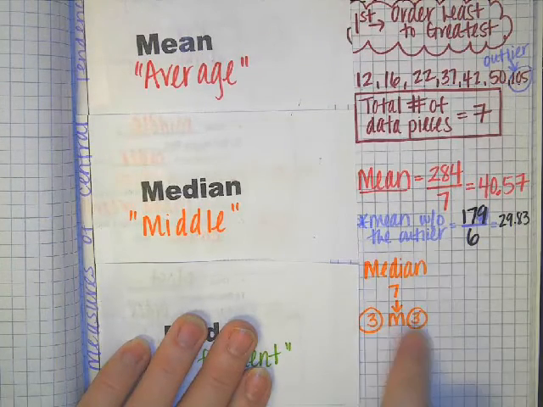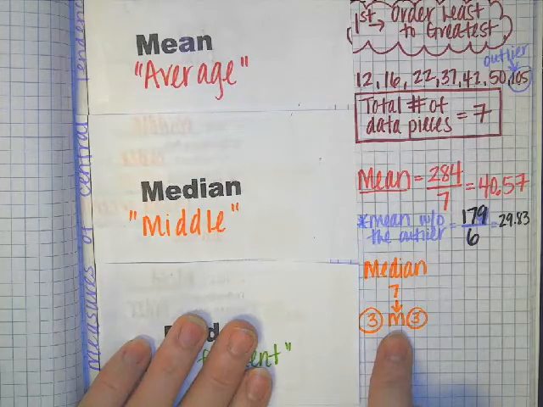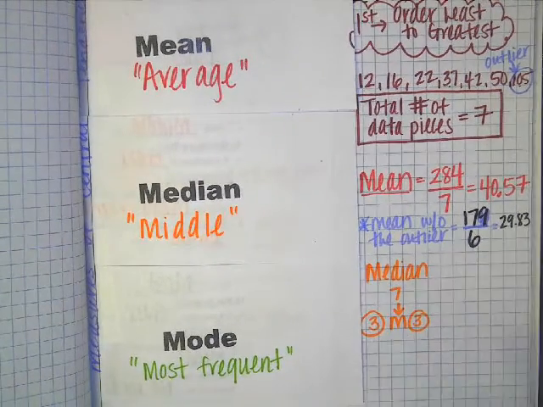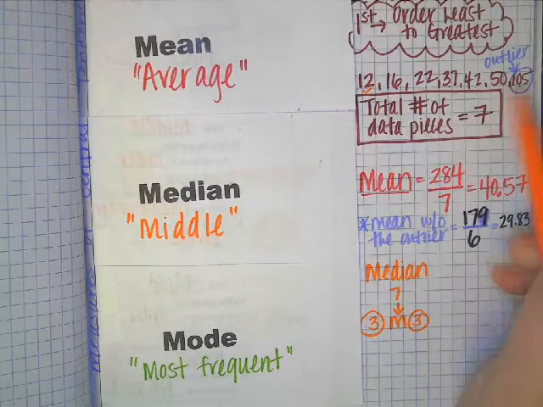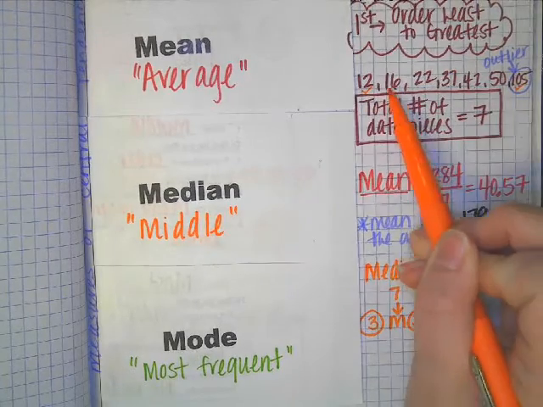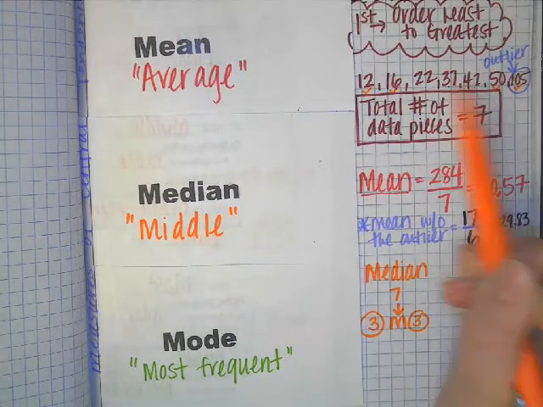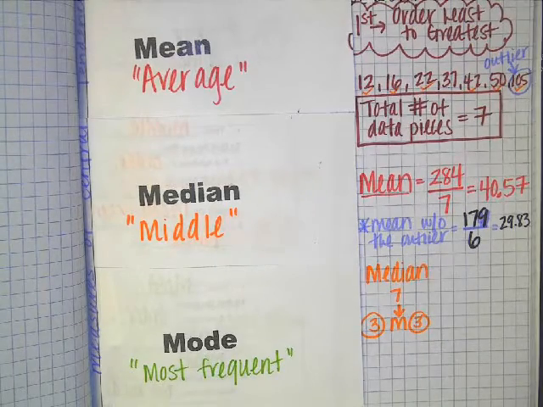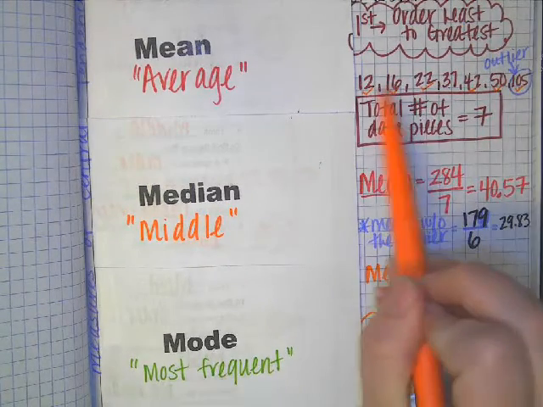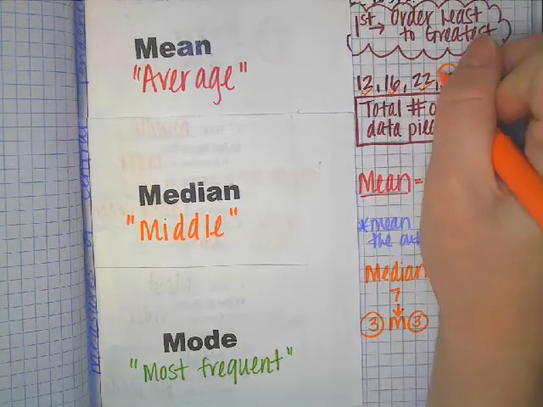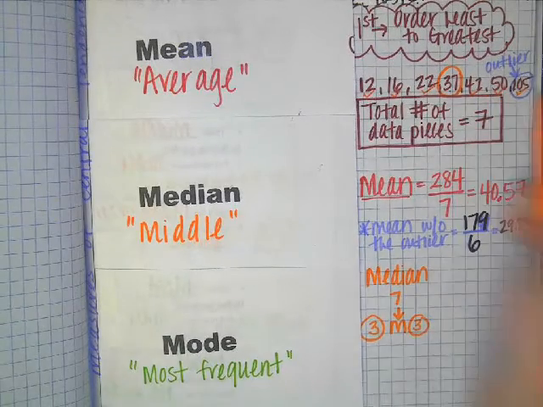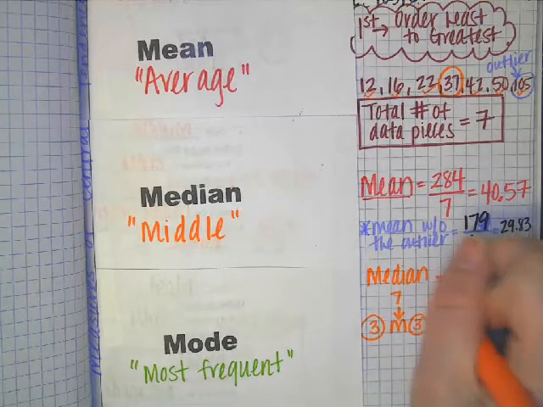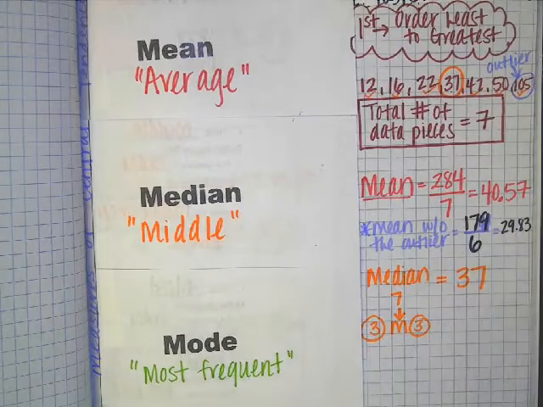The one in the middle is going to be my median. Another way I could have done that is counting 1, 2, 3. Circle that number. 1, 2, 3. It works out. My median is the number 37.